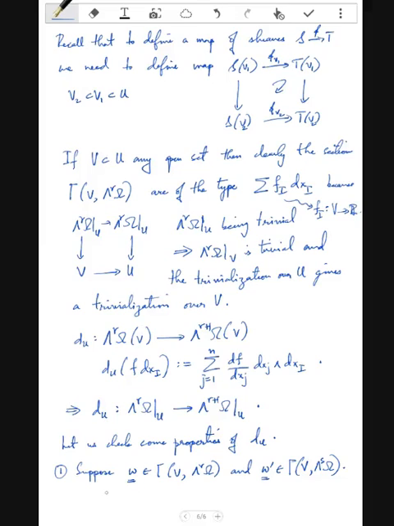Then d of omega wedge omega prime satisfies d omega wedge omega prime plus minus 1 to the r omega wedge d omega prime. So let us check this.